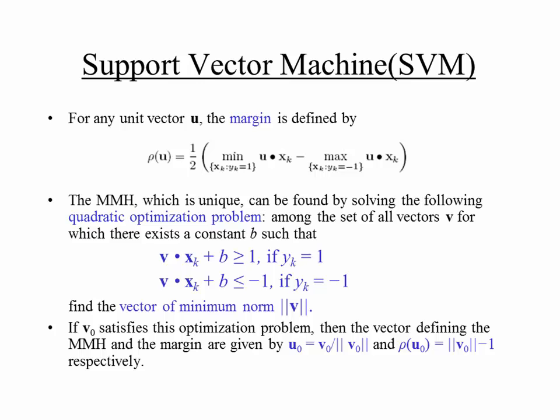So among the set of all vectors v for which there exists a constant b such that this relationship holds if yk equal to 1, and this is less than or equal to minus 1 if yk equal to minus 1, find the vector of minimum norm v. And if v0 satisfies this optimization problem, then the vector defining the maximum margin hyperplane and the margin are given by these expressions here. And again, if you take a course on pattern recognition, they'll probably go through that. Maybe this will be a homework exercise, I don't know.